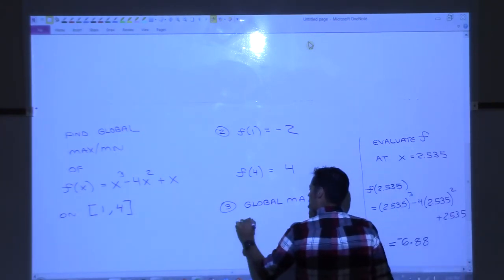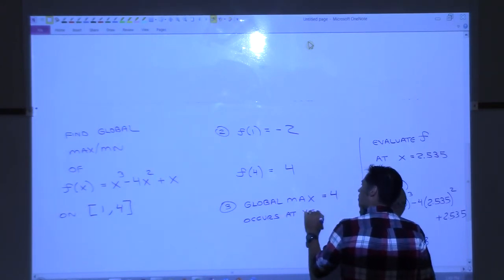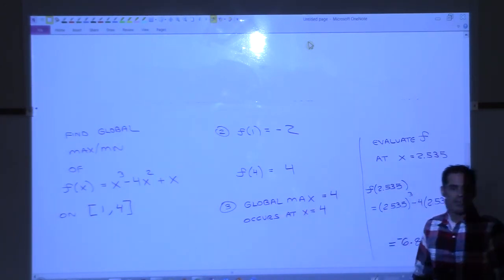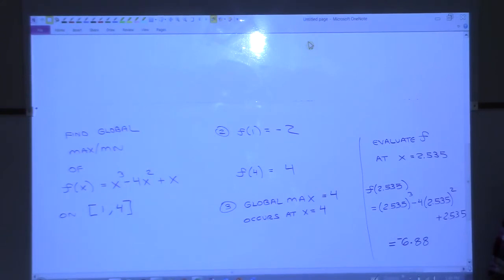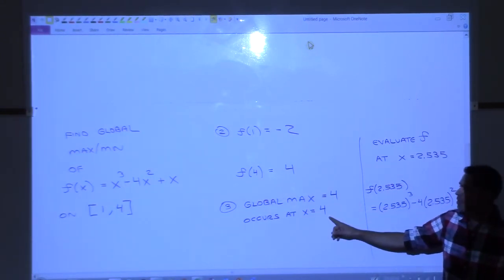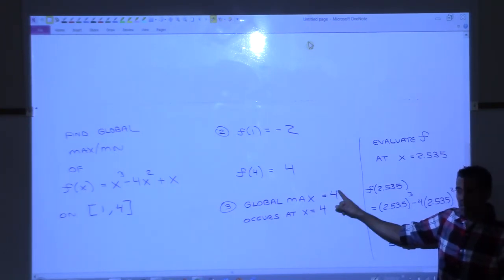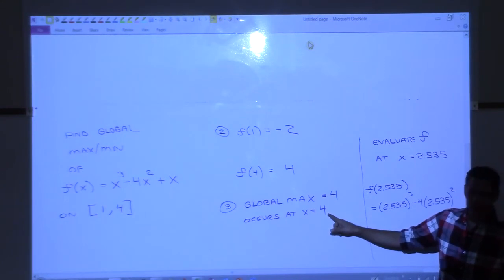And it occurs where? At x is equal to 4, right? When you plug 4 into the function, it spits out 4. So the maximum value is 4. That's your output, right? Your input to get that output is 4 also, just coincidentally.